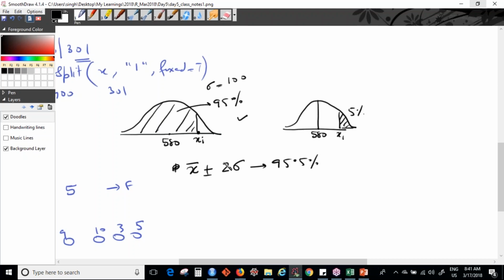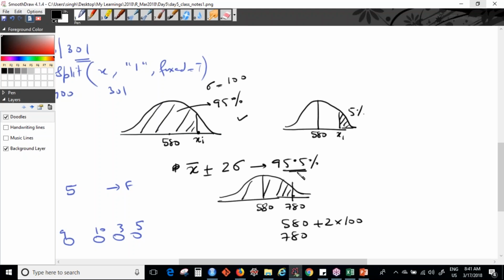So if you go 2 standard deviations from 580, which number will you reach? 580 plus 2 into 100, so 200. You will reach 780. So if you reach 780, you will get 95.5%.